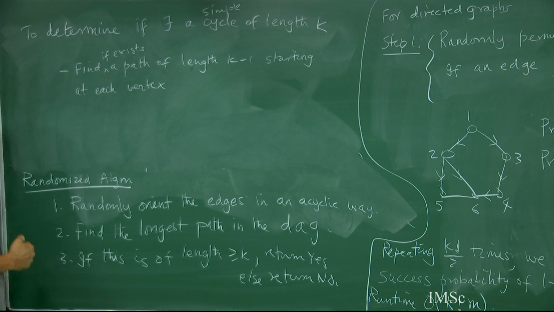Now, first of all, my whole algorithm is to find a path of length k. How do I modify it if I really want to find the path of length k starting at a vertex?